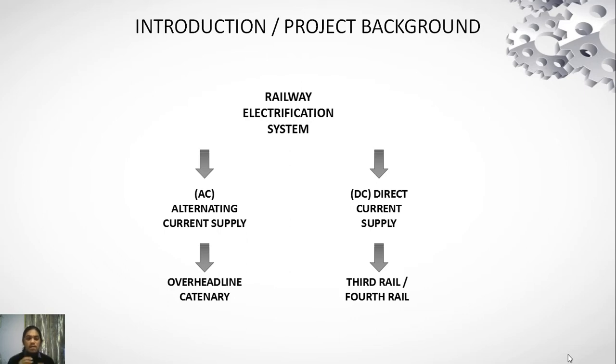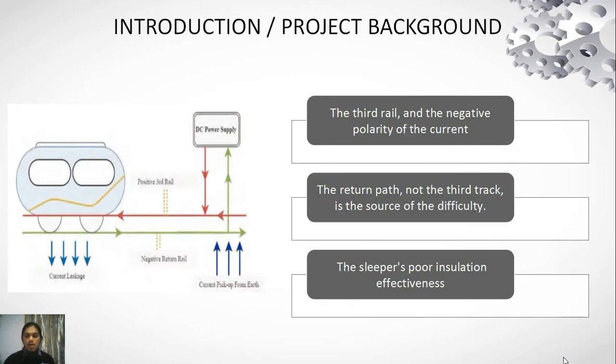The difference between these two traction techniques is that the positive polarity of the current flows through the newly placed rail in the third rail system, and the negative polarity of the current is identified as the return path or return circuit, which still uses either of the two running rails.